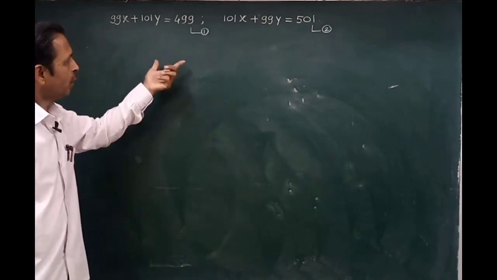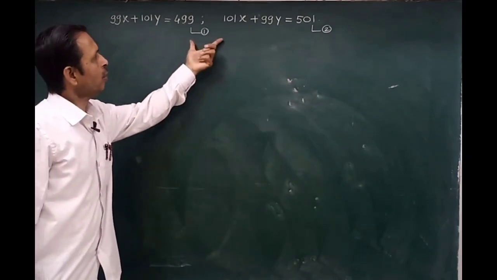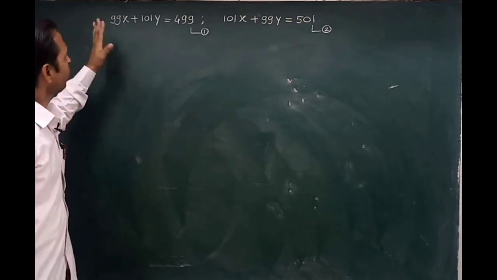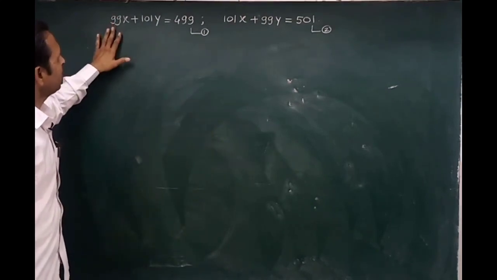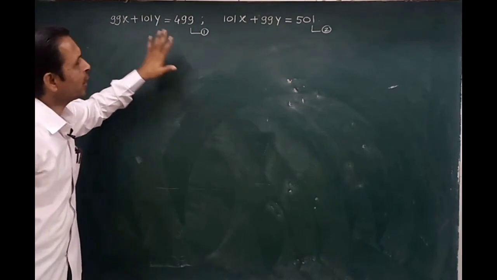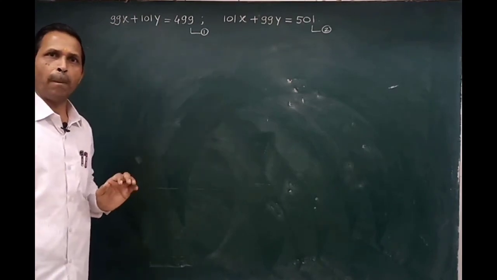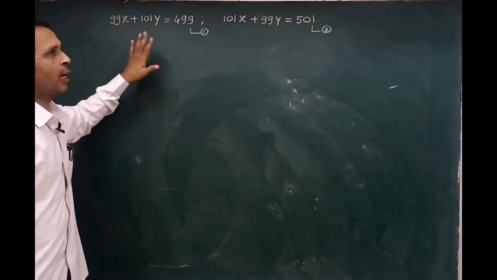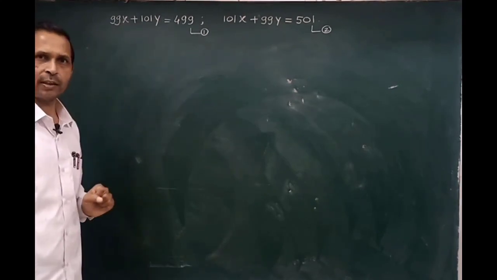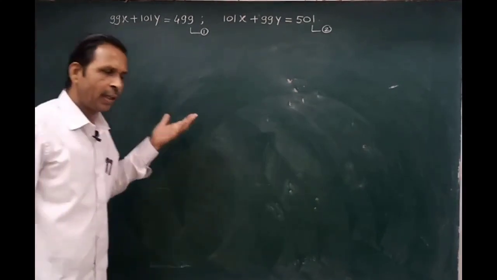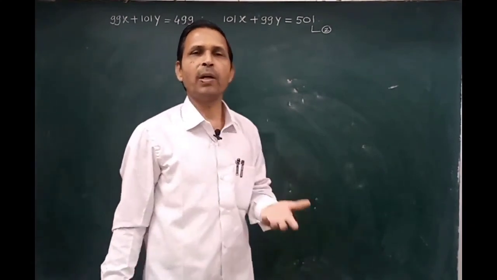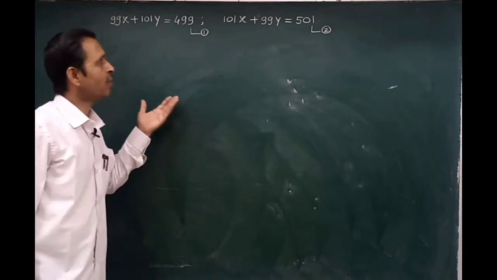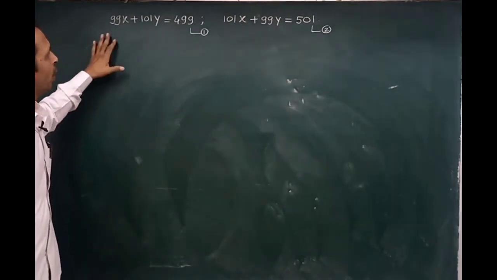Now this is another type of example, or we can say that we can solve this example by eliminating the variables also, but it is very difficult. Why? Because the coefficients are large, and that's why it is a very lengthy process to multiply or to find the LCM of these coefficients.